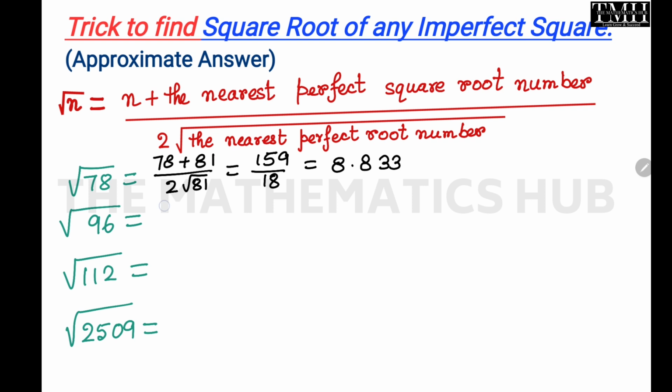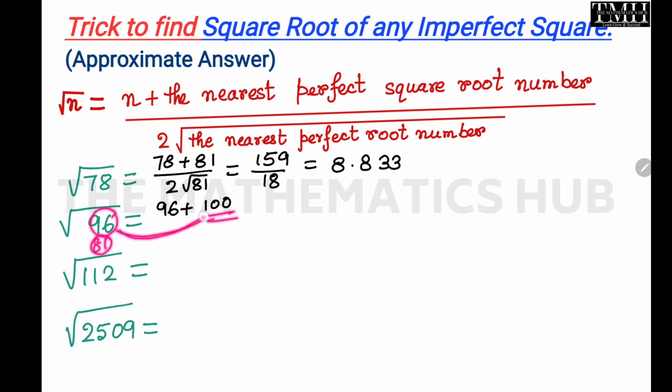Square root of 96. We will take 96 plus the number which is closer to 96 and a perfect square, and that is 100. So we will take 100. As you all know, if we take 9 square, that is 81, which is far away from 96, but if we take 100, it is closer to 96.